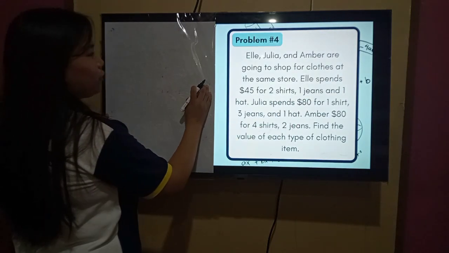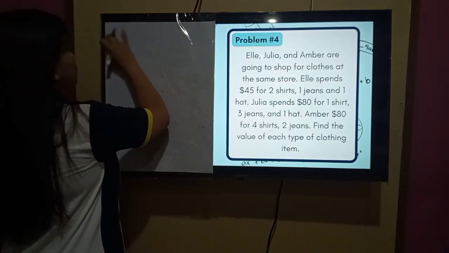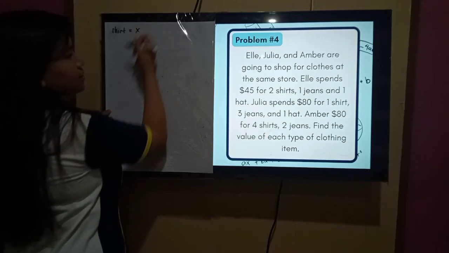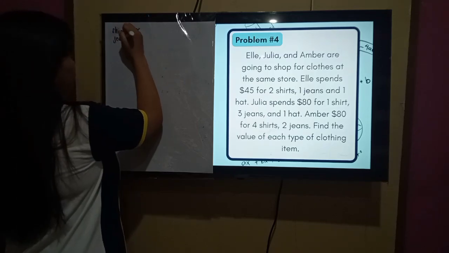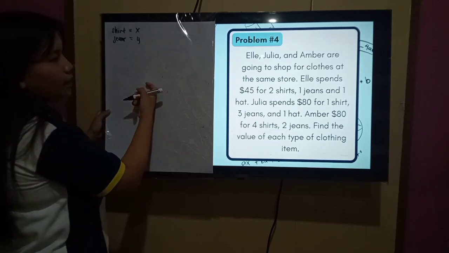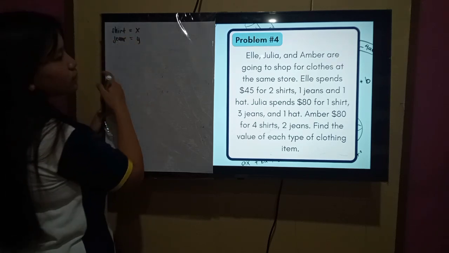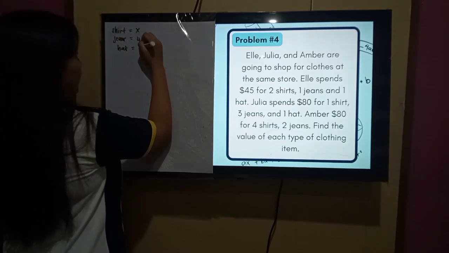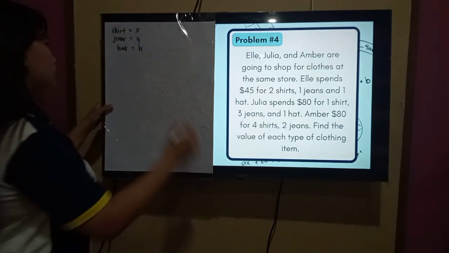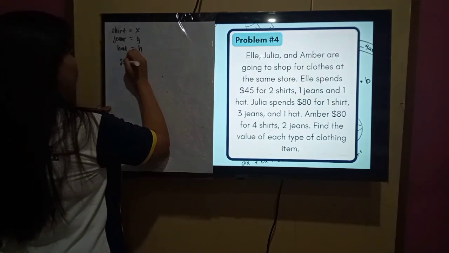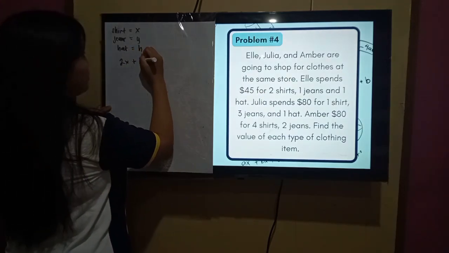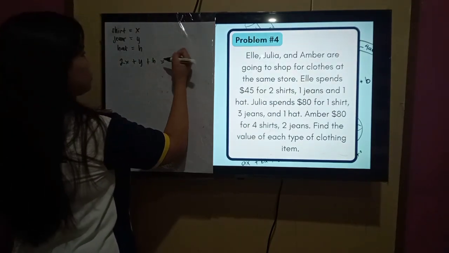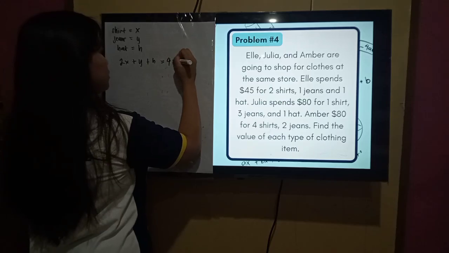So, we have the first equation. Shirt is equals to X. Jeans is equals to Y. And hat is equals to H. So now, we have 2 shirts, 2X, plus 1 jeans, Y, plus 1 hat, H, is equals to $45.